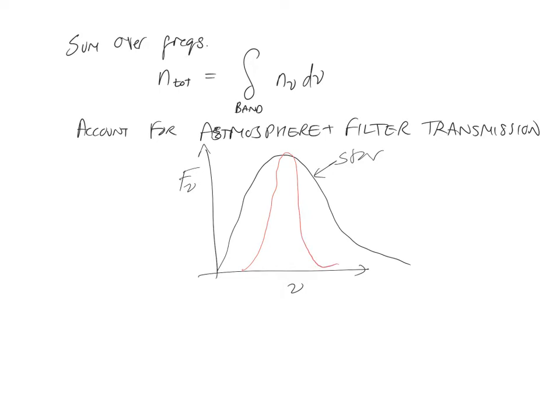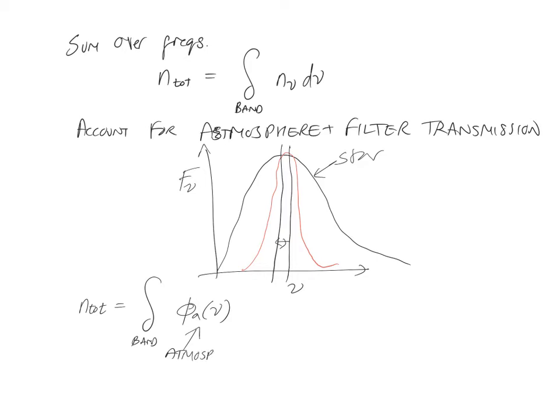And so we have to do this complex integral over some effective width of the filter in order to get the number we need. So if we want to write it mathematically, the total number of photons per second per meter squared will be this integral over the band that you're considering of the atmospheric transmission as a function of frequency.